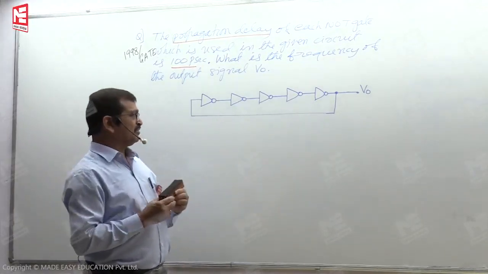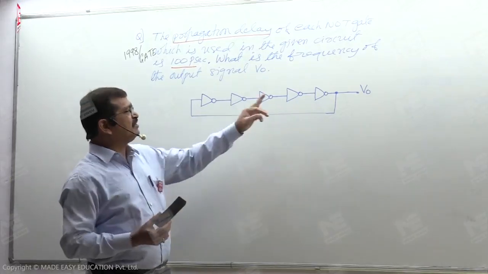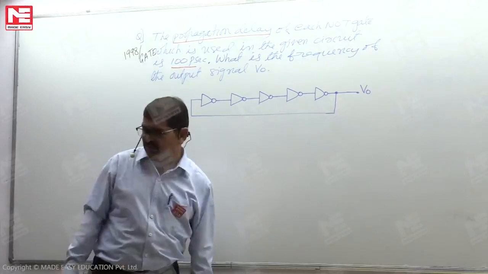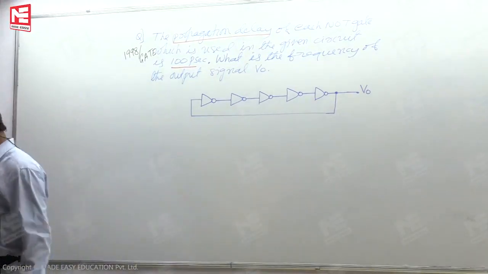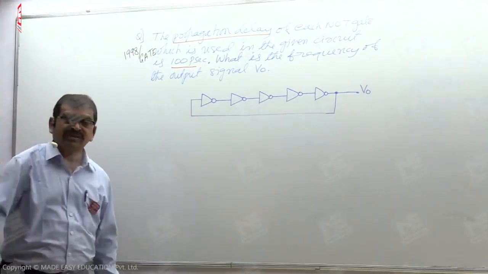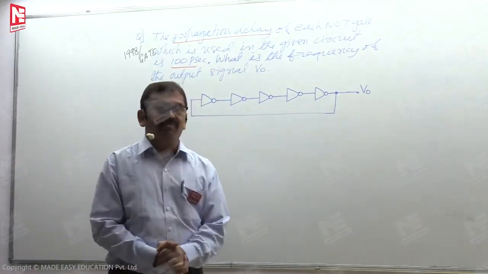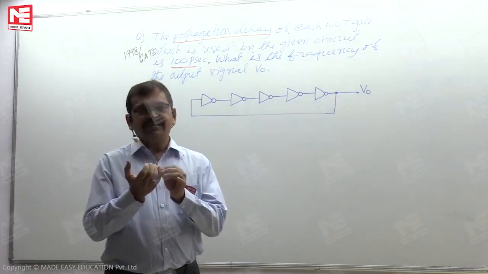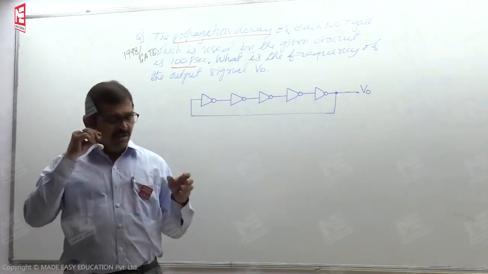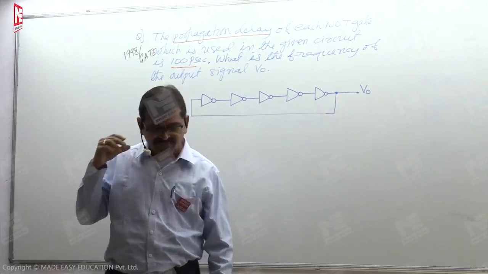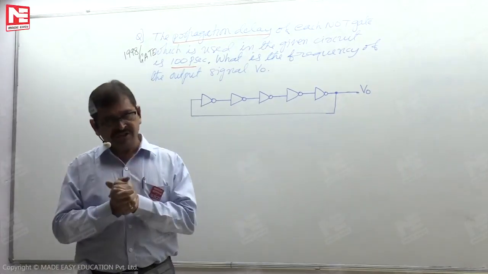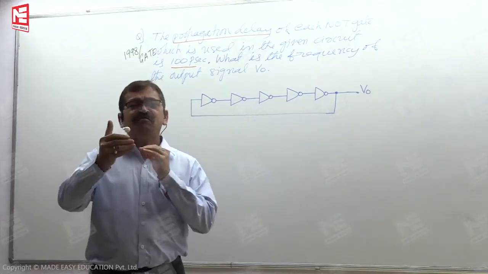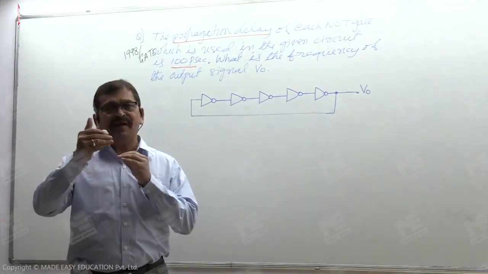Now the question is, what is the frequency of the output waveform, V0? Based on our basic knowledge of signals, it is possible to speak of frequency only if the generated waveform is a periodic signal.